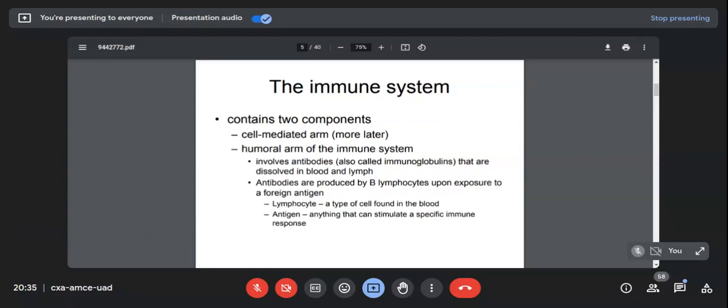So if someone asks you what an antigen is, remember that it is any cell or microbe or pathogen that can initiate a specific immune response. So you must take note of that. I'll come to talk about what makes a cell an antigen and what makes a cell not an antigen in a few minutes. So take note of that fact.